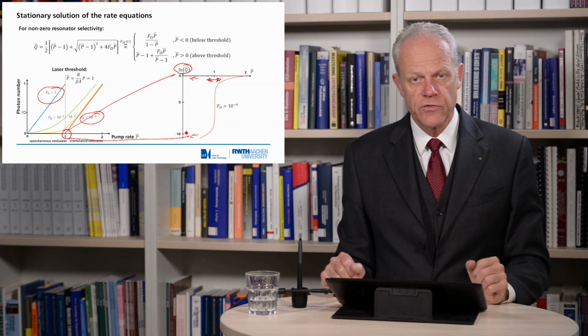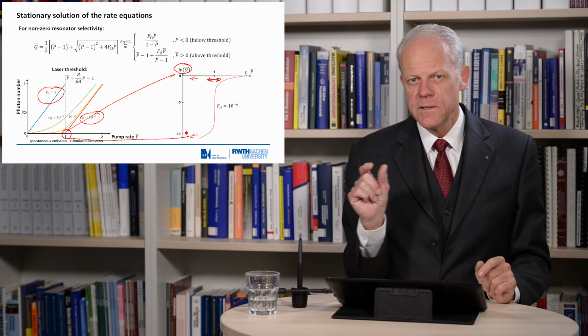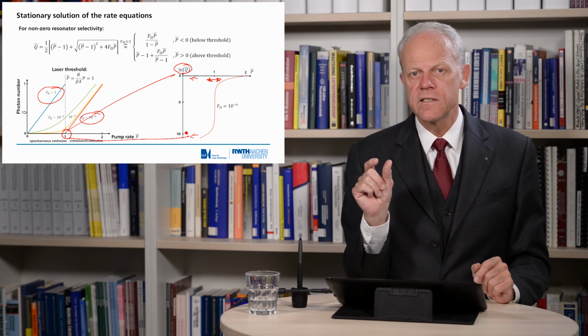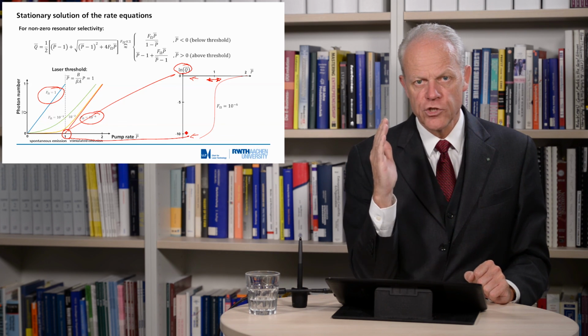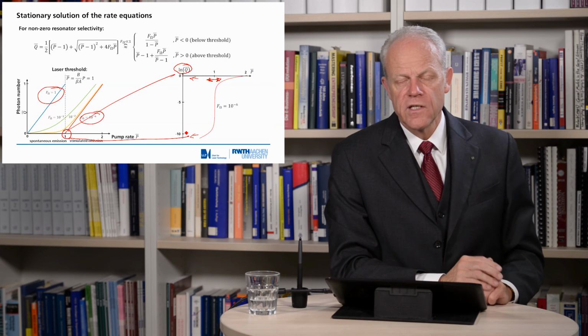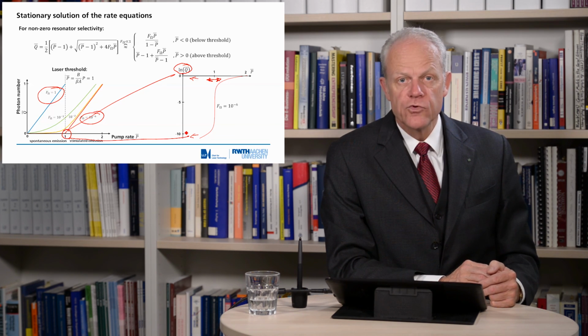So at the laser threshold, very small changes of the pump power will result in significant changes in the production of stimulated photons. 10 orders of magnitude are the usual numbers.